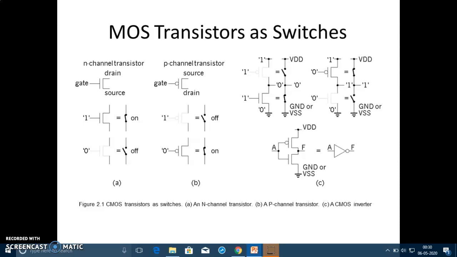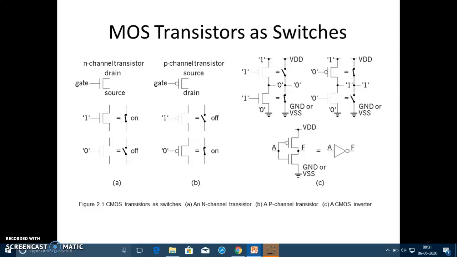When 0 voltage is applied, the transistor is off. In P-channel transistor it is vice versa: 1 at the gate, PMOS transistor is off; 0 at the gate, the transistor is on.